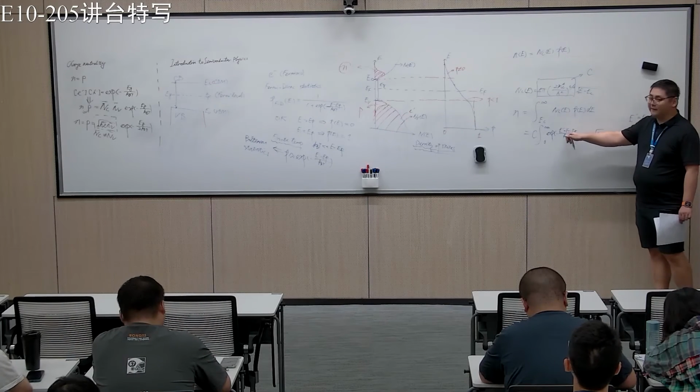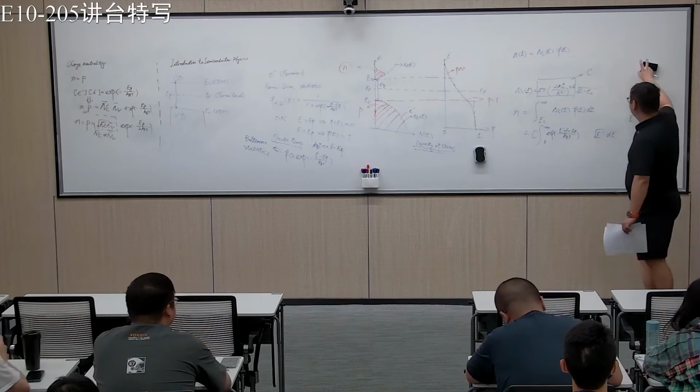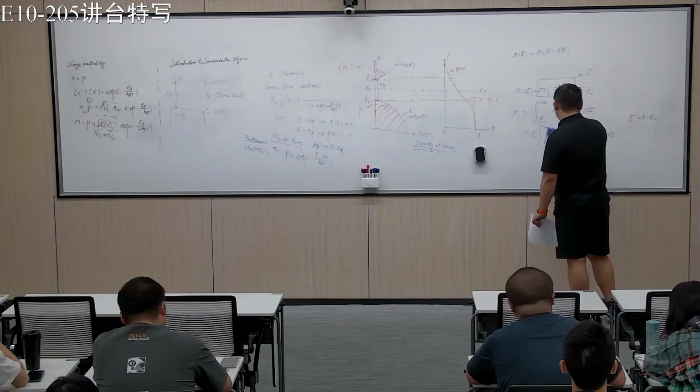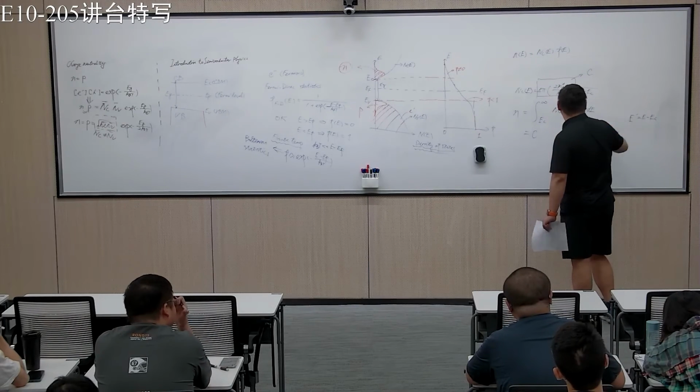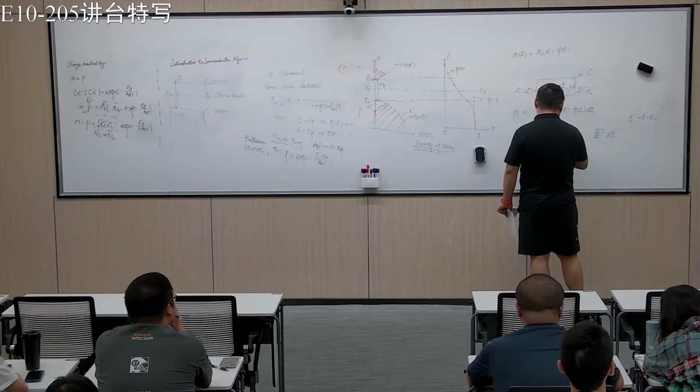You know that EC is a constant. EC is not a function of E prime, right? So what we can do is get the first part out of the integral.